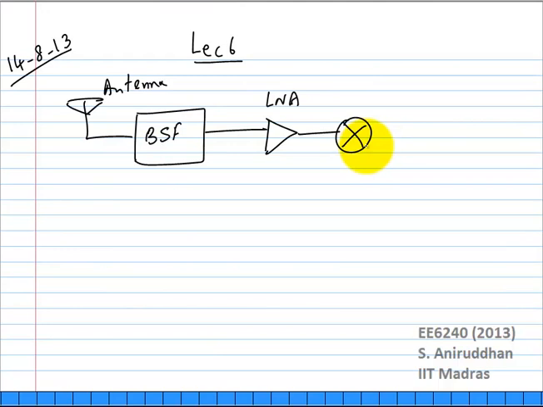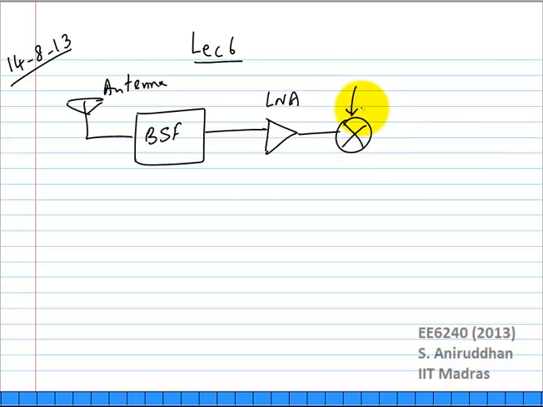What did we say the mixer does? The mixer performs frequency translation. We have a signal which is being transmitted on top of a carrier, right? And then when you receive it, you demodulate it back down to baseband or intermediate frequency or any other frequency using a mixer.